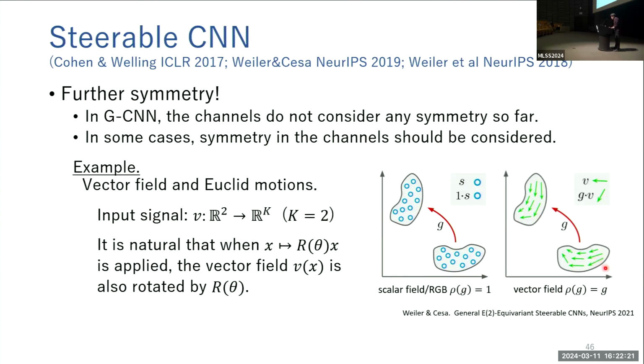In this case, if we rotate the object in the ground space, then the direction of the vector in the vector field should follow some group action. That should be more natural in this case. So there are some cases where this output value, in this case a two-dimensional vector at each point, should satisfy some group action and make use of it in the architecture of the group convolutional neural network.